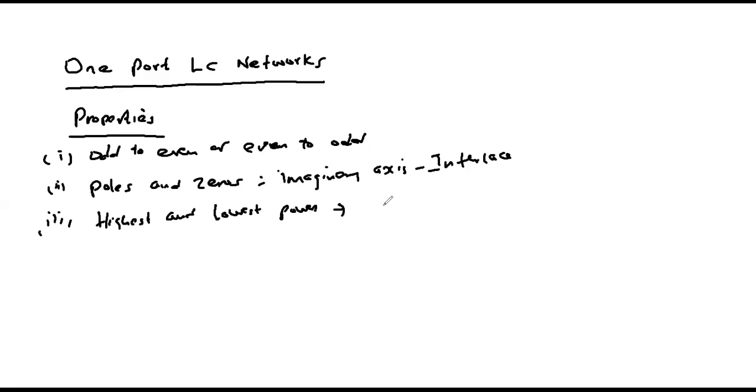And lastly, there must be either a zero or a pole at the origin. So these are the properties of a transfer function that is implementable using LC one-port networks.